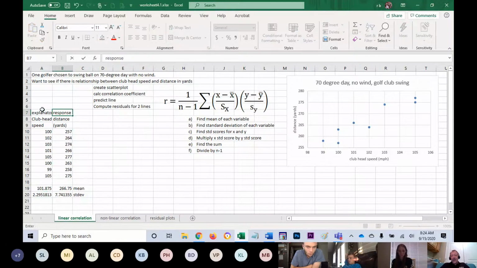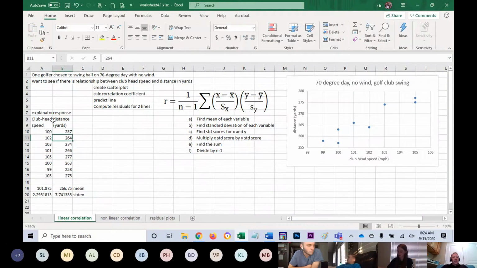Now, let me take a minute to talk about that for a second. Sometimes these can be a little bit hard to determine. And to be honest, the correlation coefficient doesn't care what your X and what your Y is. It will give you the same value in either case. You only need to know that for the graph.